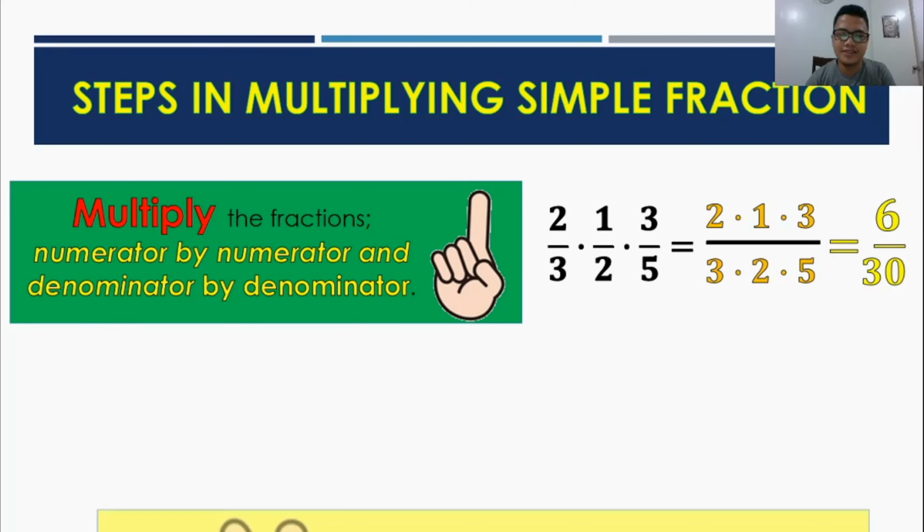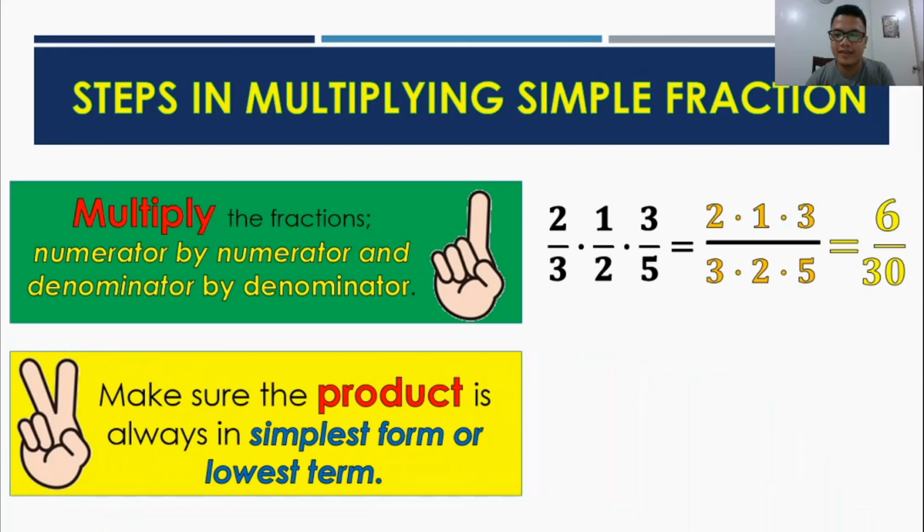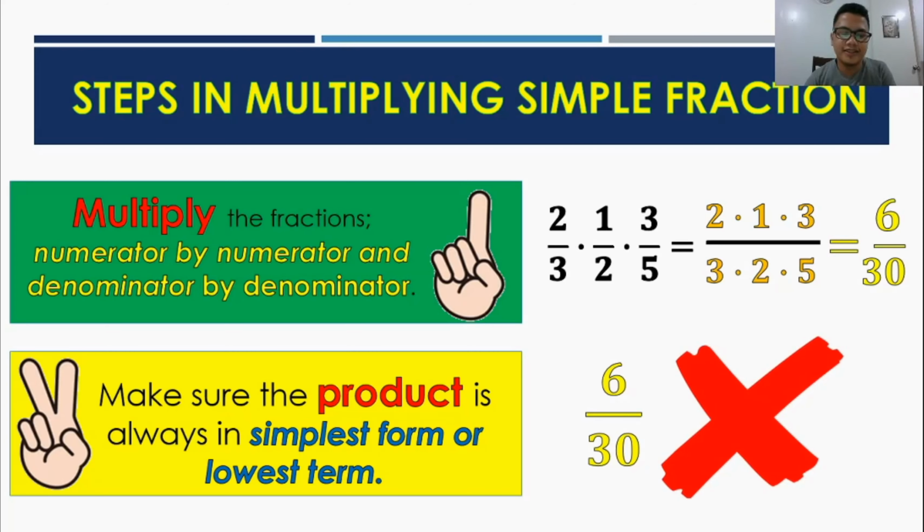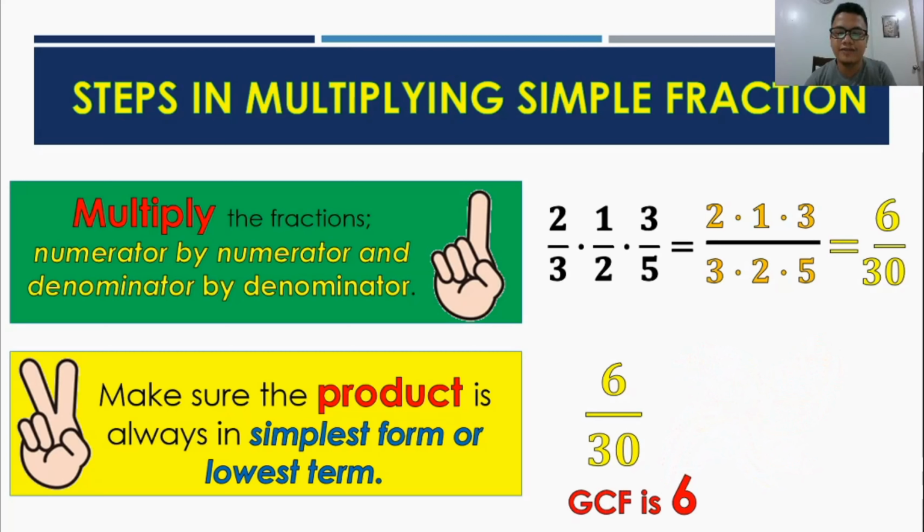Okay, now let's move to the second step. Is 6 over 30 simplified? It's not yet simplified because we could still get its GCF, which is 6. Now we divide the fraction by the GCF, which is 6.